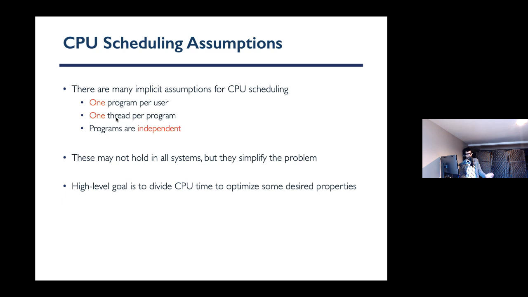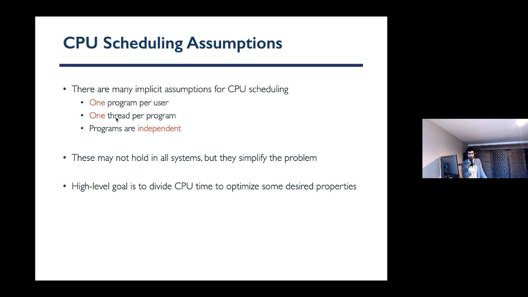Okay, more assumptions. For now, we'll assume that each user of our system has one running program or process. And we're going to focus on single-threaded processes. So when I say thread or process, don't mind it, it's the same. Let's focus on processes that have only one thread.